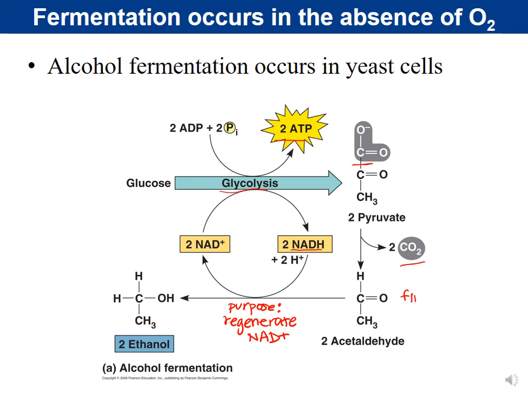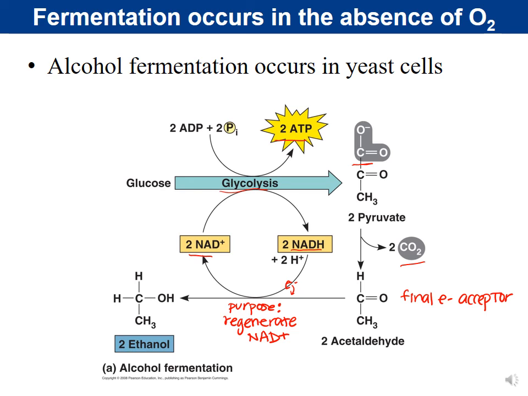Acetaldehyde is going to be our final electron acceptor. It's what's going to take the electrons from the NADH. So during the fermentation part, acetaldehyde is going to accept the electrons, right? So this NADH is going to donate electrons to the acetaldehyde. And when it donates its electrons, it goes back to being NAD+, right? Because it's losing its passengers. So it's back to being NAD+, and then that NAD+ can go back and do glycolysis so that at least the cell can make 2 ATPs per glucose.